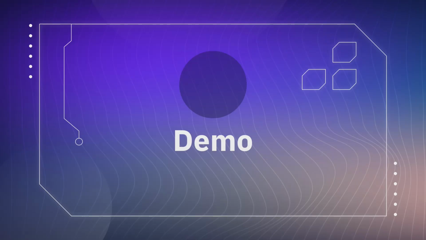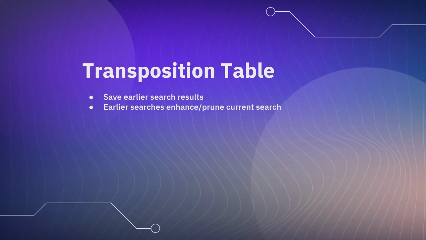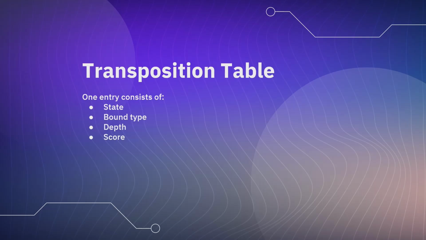Now with that, we come to the next very important technique called the transposition table. The transposition table doesn't work by itself, but it combines very well with some other techniques. The idea is that you can save your search results for later searches. What you usually store in the transposition table is the state, the bound type, the depth, and the score.